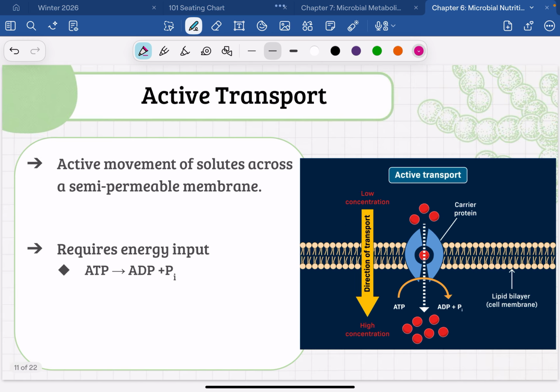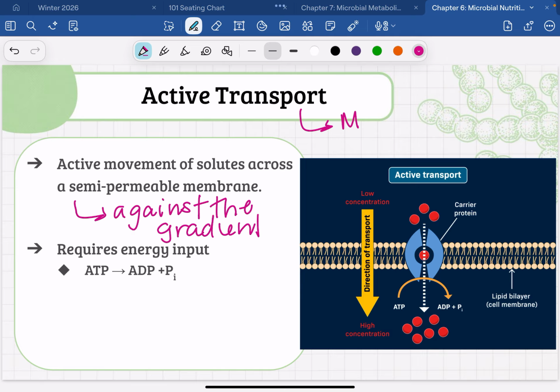Next, we have active transport. Now, active transport is specifically moving, oh, I have it written down already. The active movement of solutes across a semipermeable membrane, specifically against the gradient. So solutes will move naturally from high concentration to low concentration.